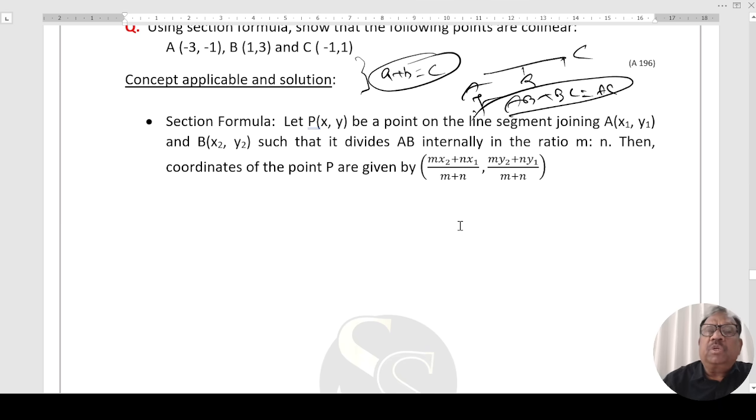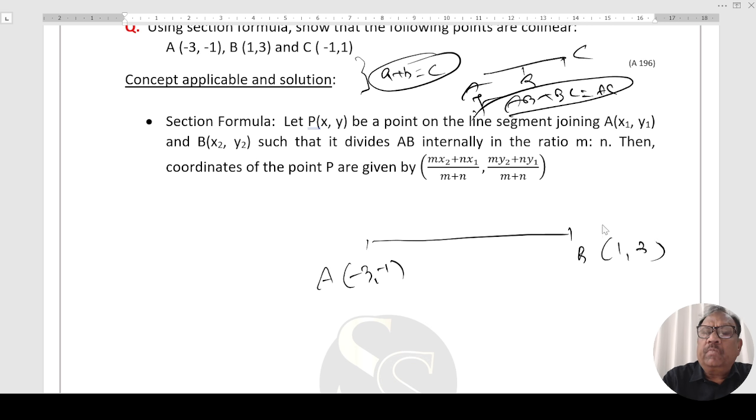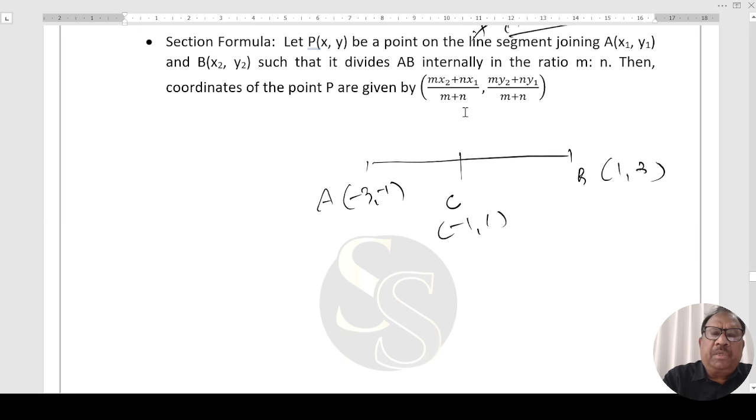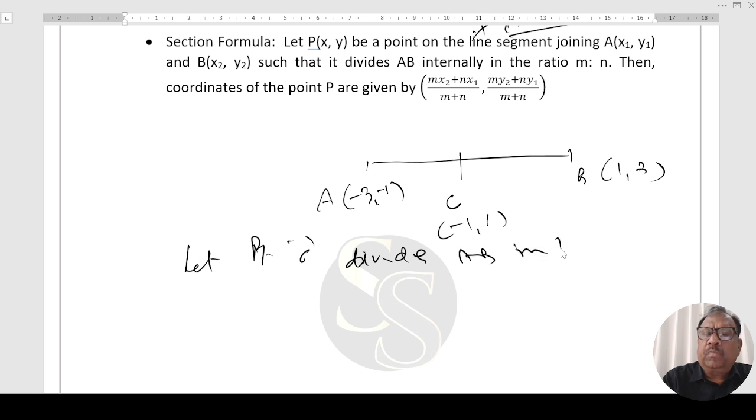Now we have to use section formula. Let this point be A (-3, -1). This point is B (1, 3). Let C be the point (-1, 1). Let C divide AB in the ratio k:1.